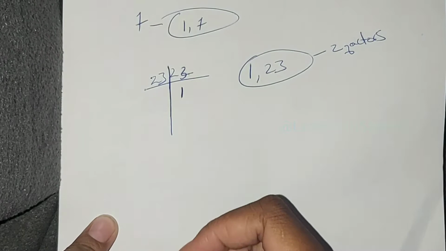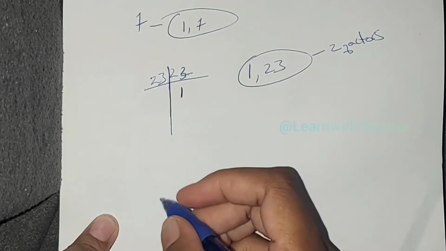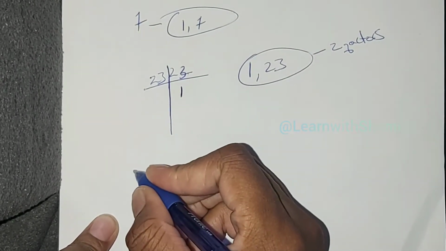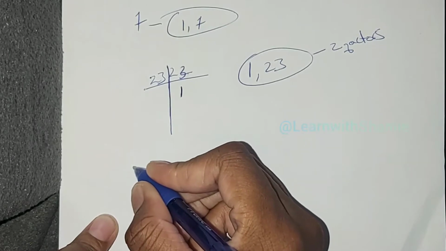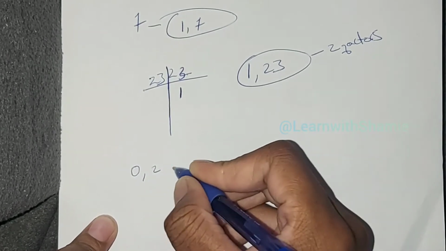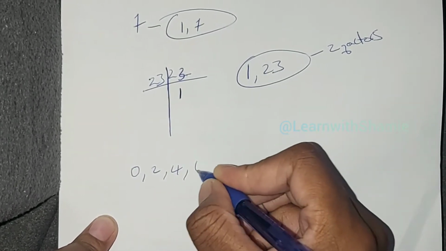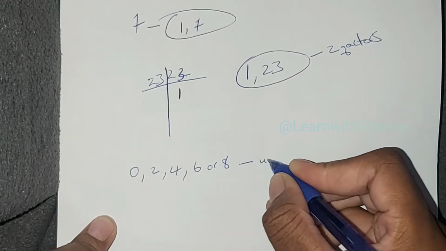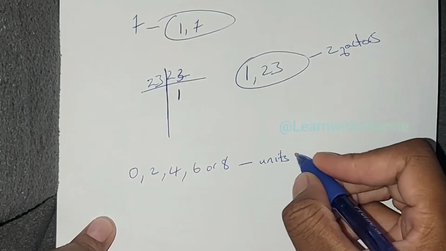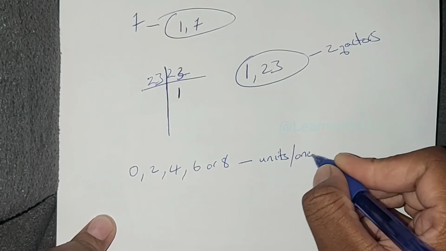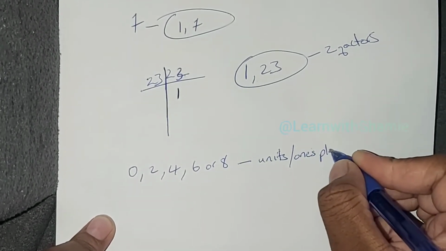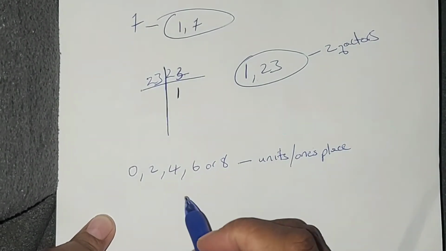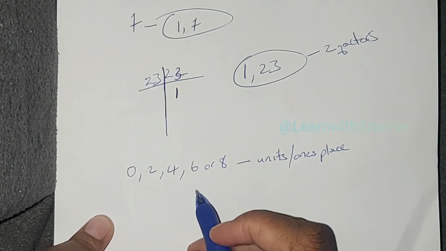The first step to follow is, if there is any figure or number that consists of a 0, 2, 4, 6, or 8 in the units place or ones place, then it's not a prime number.